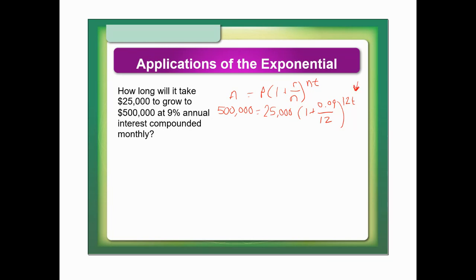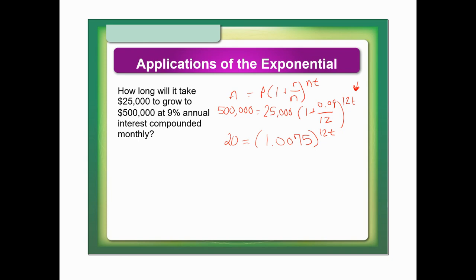So here's my t. I'm going to solve for that, and we're going to have to solve like we've been doing, with logarithms. So first I'm going to divide by 25,000 on both sides to simplify this problem. So I get 20 equals 1 plus 0.09 divided by 12, which gives us 0.0075, so 1.0075 to the 12t.